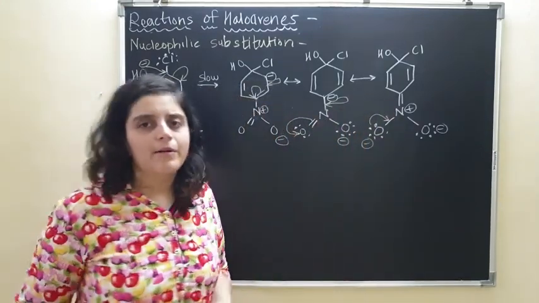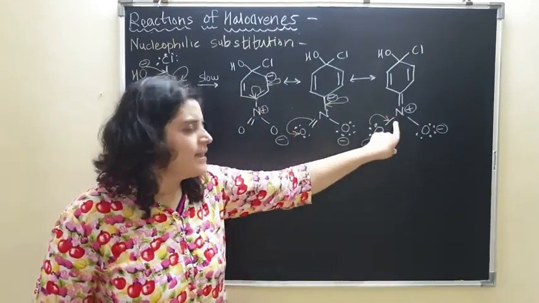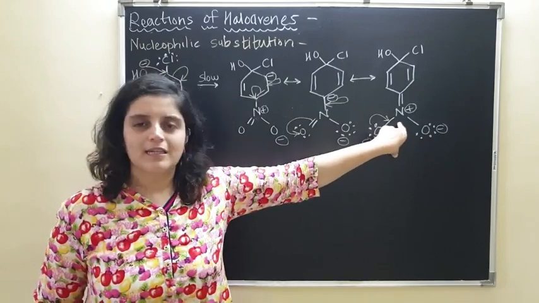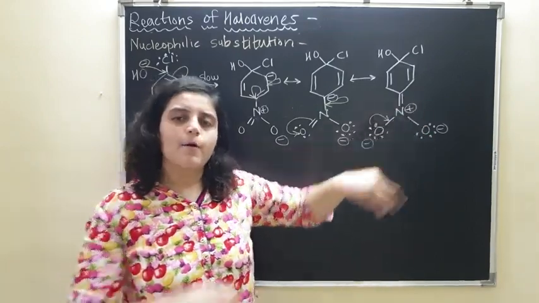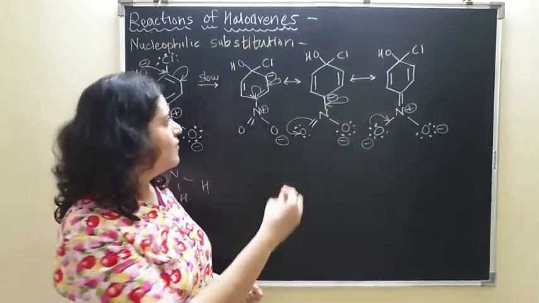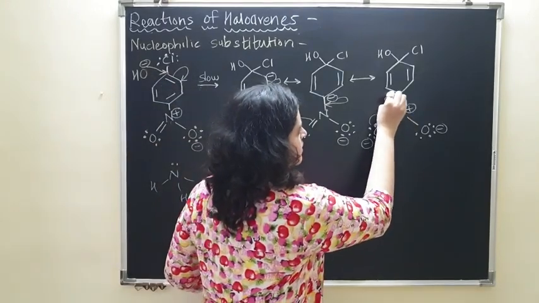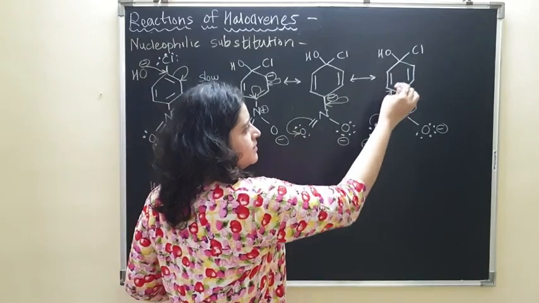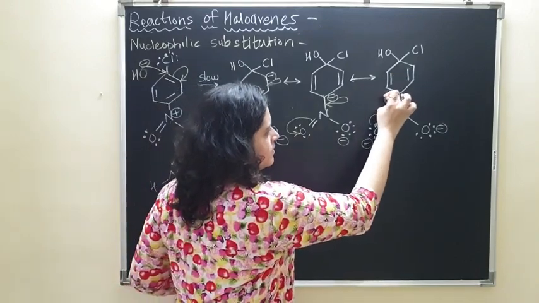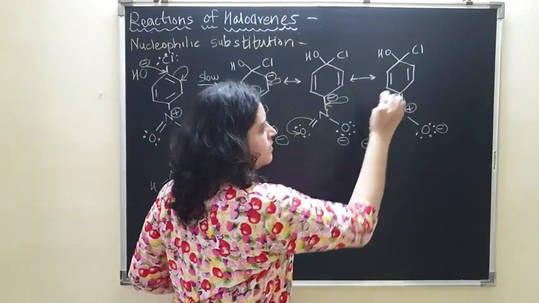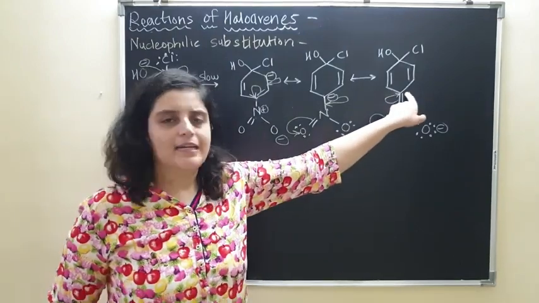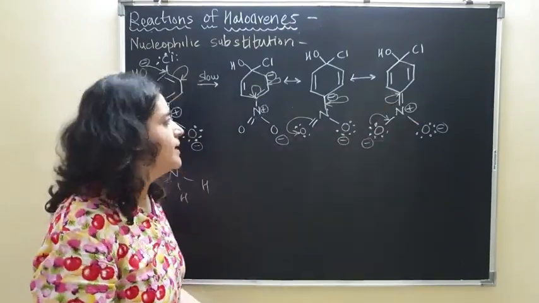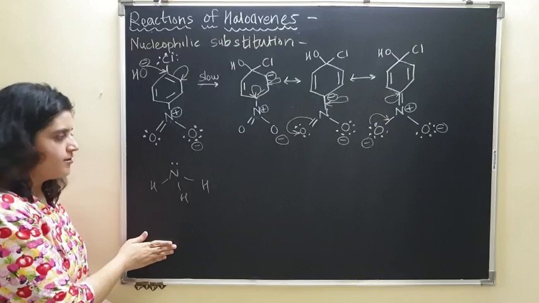They will again form a double bond. But when the double bond is formed between oxygen and nitrogen, this pi bond has to again shift back over here. If this happens, there is going to be again a negative charge on the 4th carbon atom. So I am drawing the next structure over here.